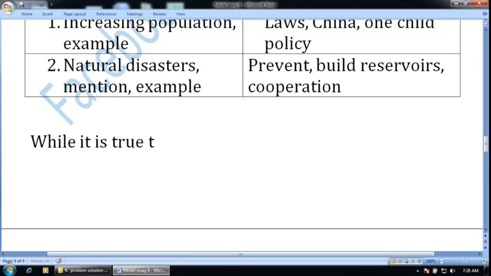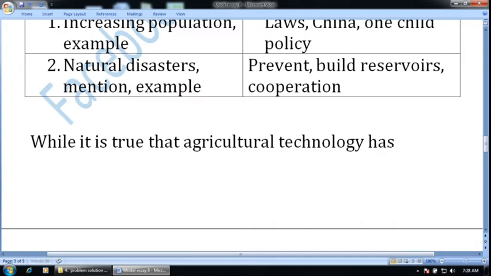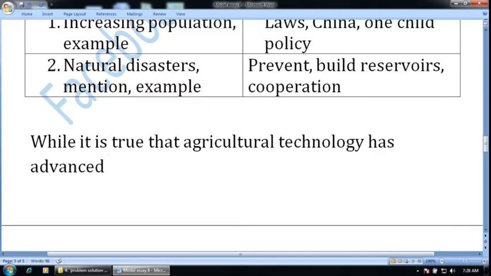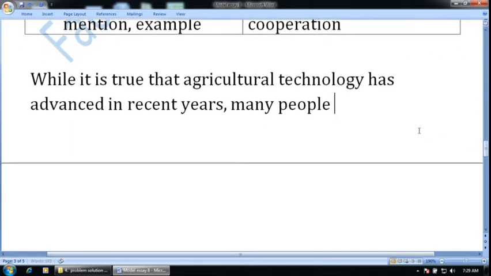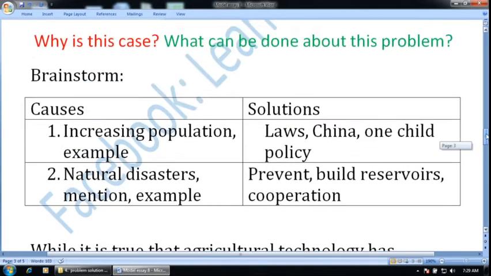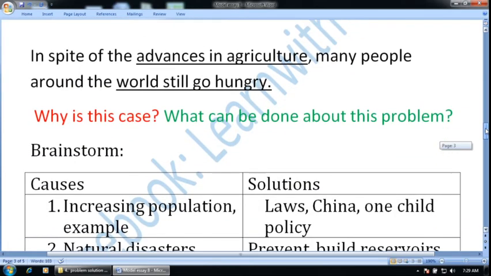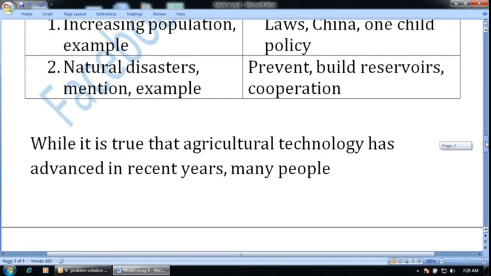While it is true that agricultural technology has advanced in recent years, many people, instead of, as you can see in the question, agriculture, a noun, I have used a different form, agricultural technology.